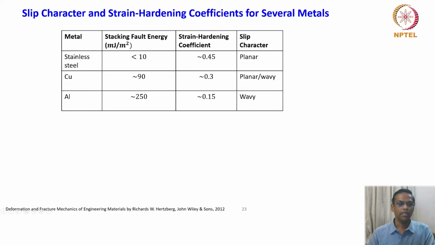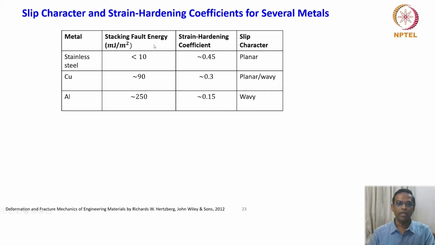What you have to notice here is the parameter stacking fault energy. We have already seen this. This is not new to us. We have a sufficient background to understand this. What is stacking fault energy, which is expressed in millijoules per meter square?